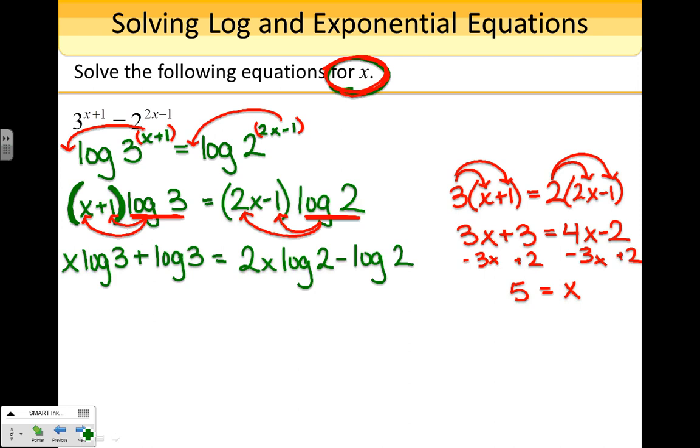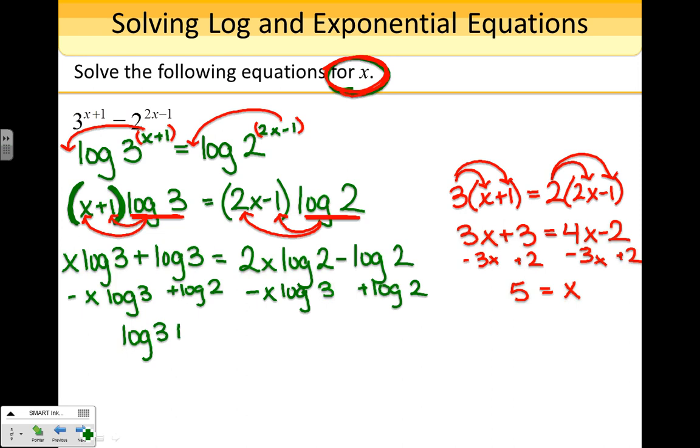So I'm going to subtract x log 3 from both sides here so that I get all my x's on the right side, which means I also want to add log 2 so I get everything that doesn't have an x on the left side. So I have log 3 plus log 2 on this side.